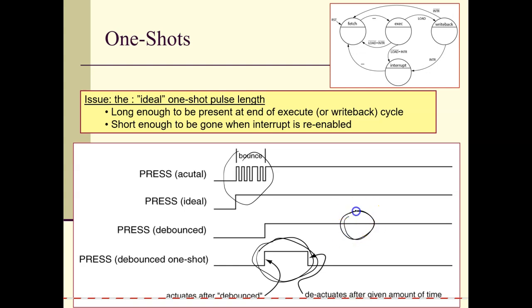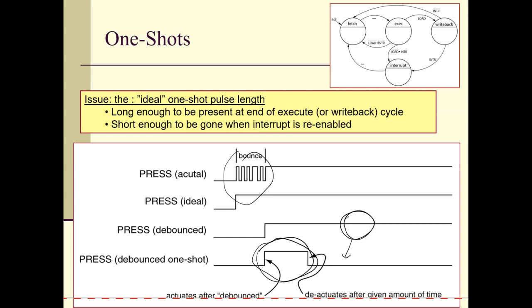And so even though the button remains pressed, the output turns off. So by using a one-shot, I'm not risking having the same interrupt generate two traverses of the interrupt service routine, et cetera.